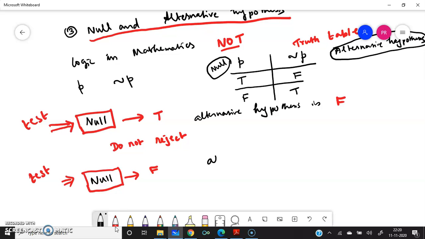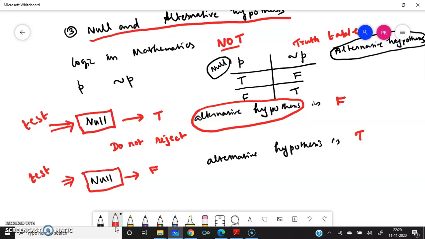That means my alternative hypothesis is true. Whenever you frame the hypothesis, actually we are talking about the alternative hypothesis only. So we are framing the null hypothesis to conclude about the alternative hypothesis. Our full concentration is on the alternative hypothesis.